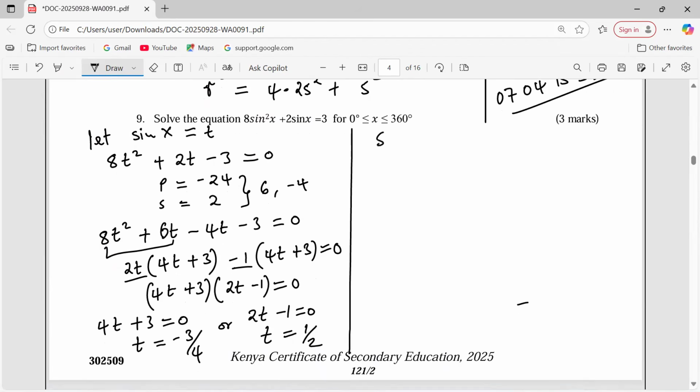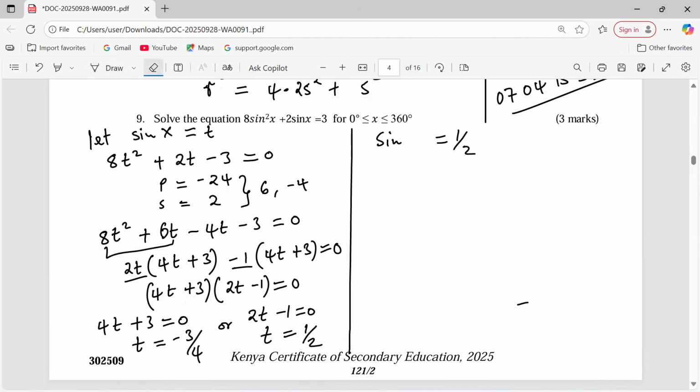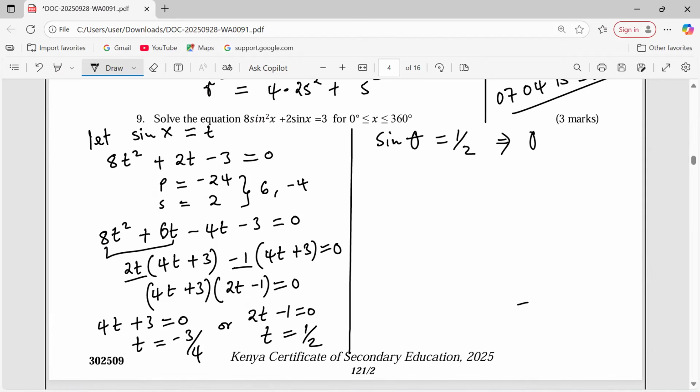We said that the sine of x had been let to be t, and now we discover it's half. Meaning that we need first to get a particular acute angle, theta, by taking the sine inverse of half, shift sine half, which is 30.